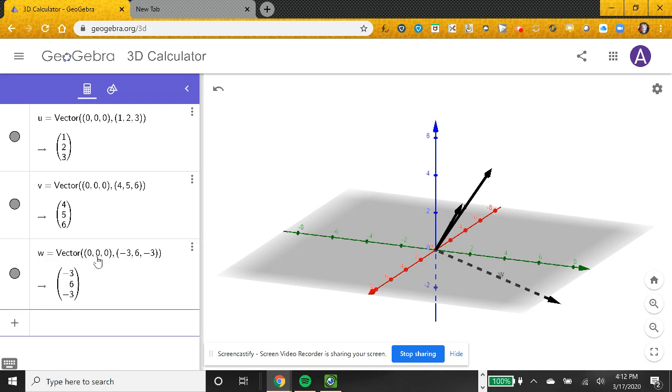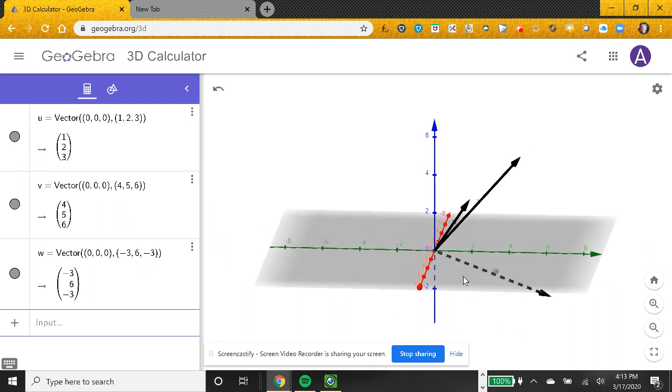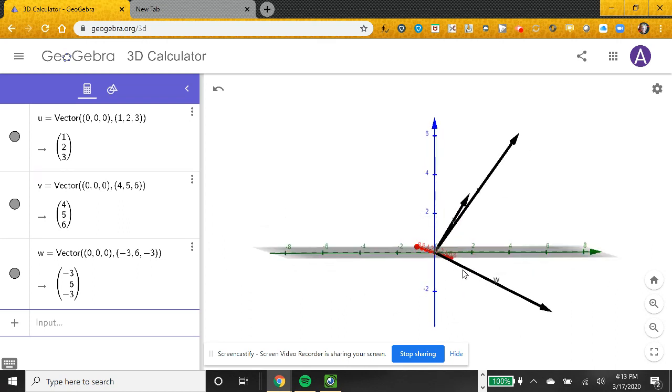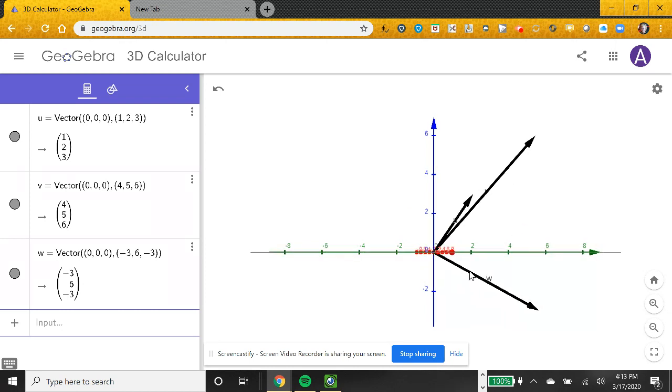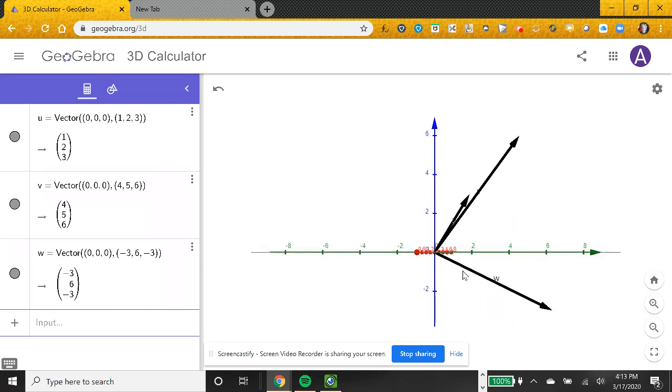Okay, so graphically, I have graphed all 3 vectors here. And right now, the way it looks, you can't really see that it's perpendicular. So I'm going to turn it a little bit. I know I'm challenged. But now, can you see that that looks like a perpendicular angle between these guys? And they are. It's perpendicular, which is really pretty cool.